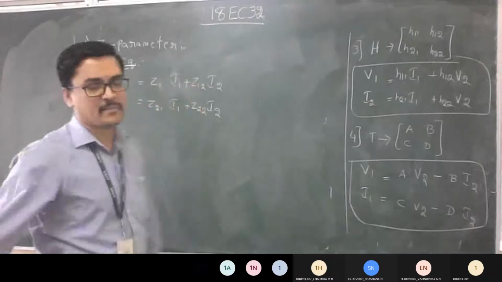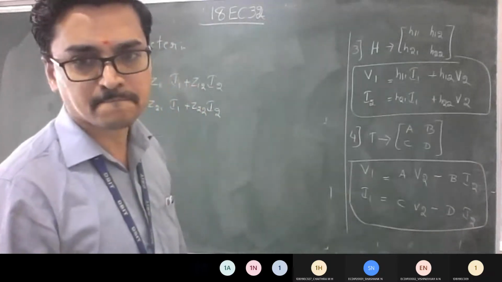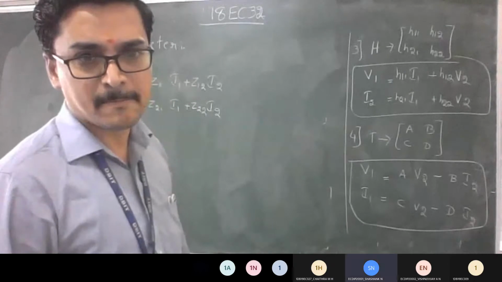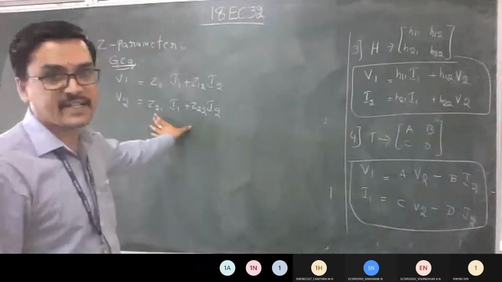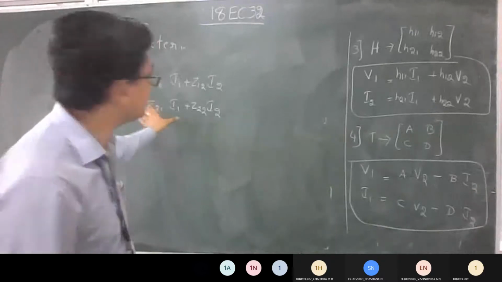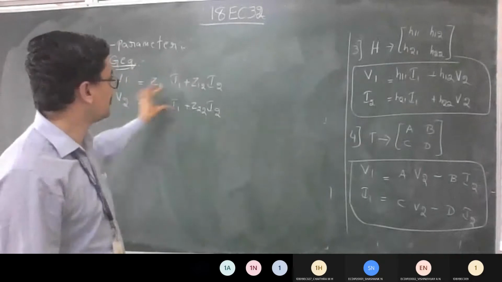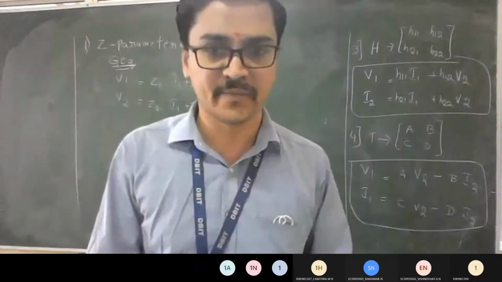This is your base equation. Any doubts till here? No, sir. Okay. Whenever the Z parameter derivation is asked, write the generalized equation. Our target is to find the formula for Z11, Z12, Z21 and Z22. That is the meaning of derivation.